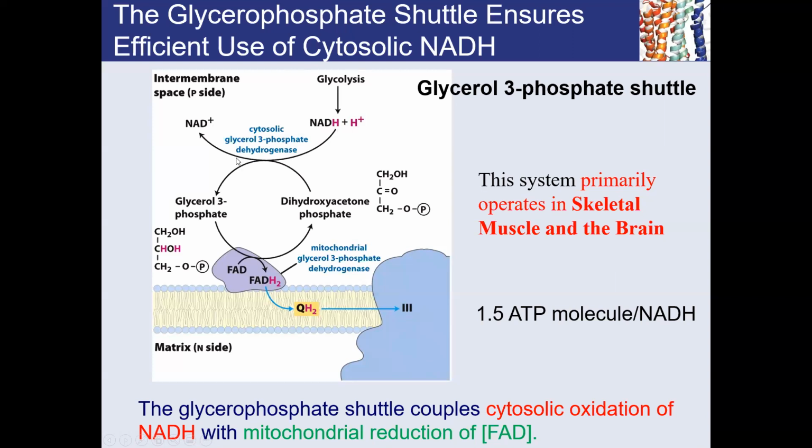Now this system, it turns out, produces only 1.5 molecules of ATP per NADH. Think about why that would be. You just learned that each molecule of NADH on average gives you 2.5 molecules of ATP. But if you remember, that NADH must go through complex 1 and pump some protons into the intermembrane space.